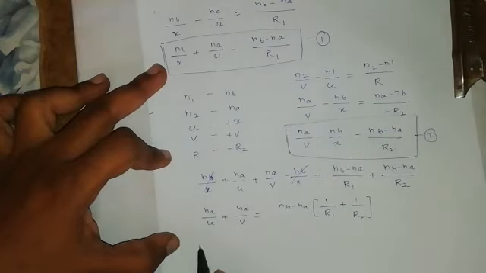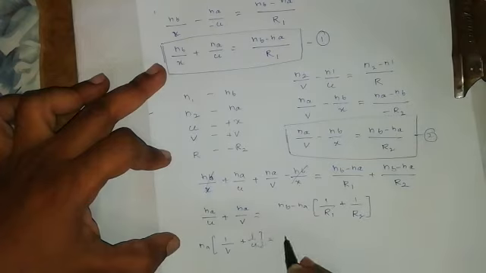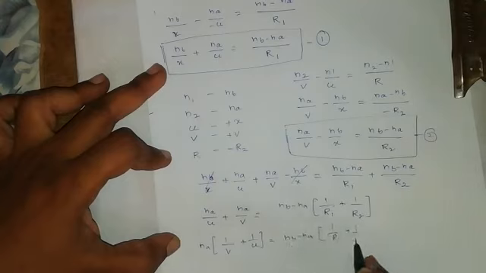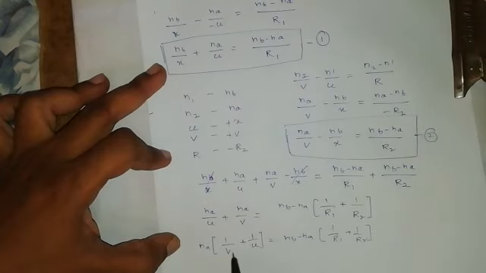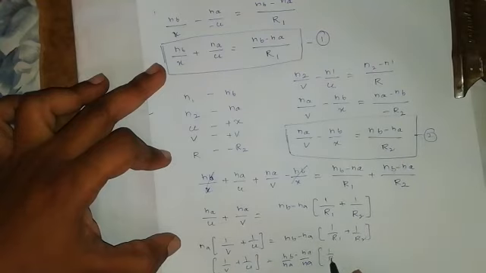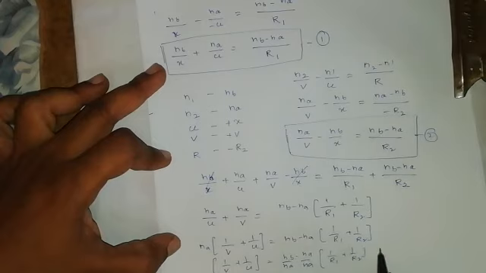If I take na common here, then I get 1 by v plus 1 by u is equal to nb minus na of 1 by r1 plus 1 by r2. I can divide both sides by na, then I get 1 by v plus 1 by u is equal to nb minus na by na, times 1 by r1 plus 1 by r2.